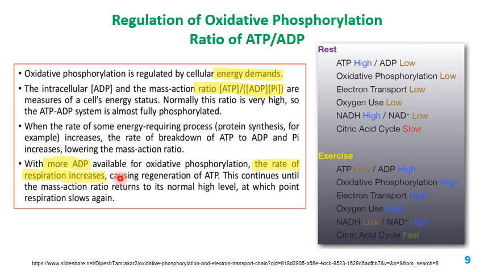At the same time, you are going to allow more entrance of ADP into the mitochondria, and that is going to accelerate the production of ATP for recycling. Okay? So here you have what happens in a resting state in comparison to an exercise state.